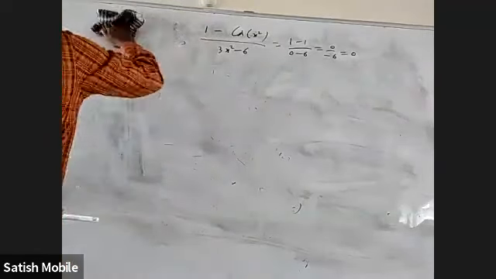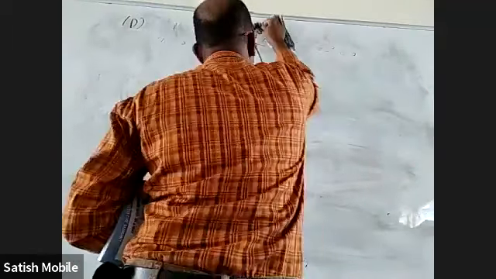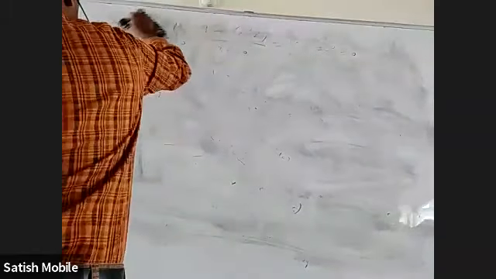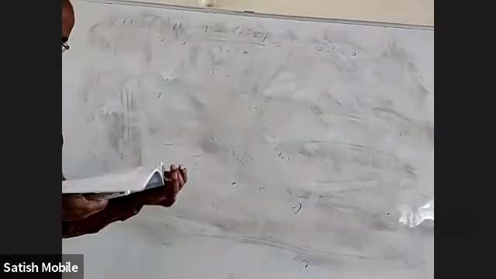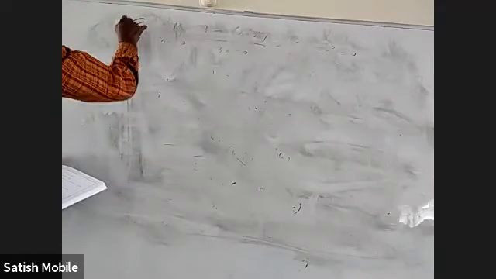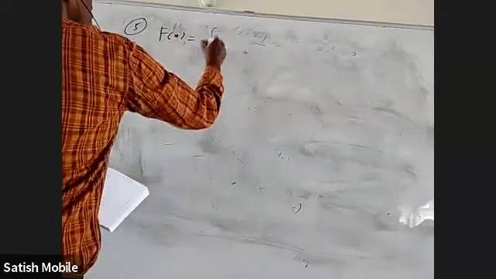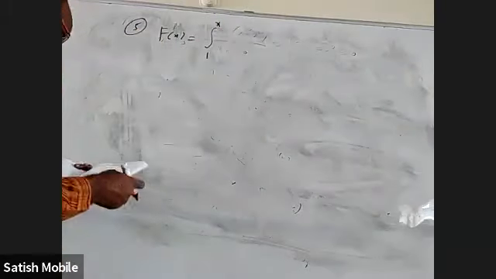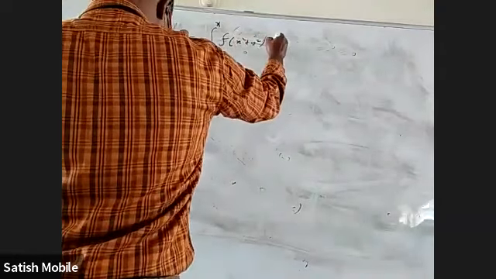Okay, where is it? Yeah. So coming to the fifth one, capital F of x is the integral 1 to x of f of x square plus y square dy.